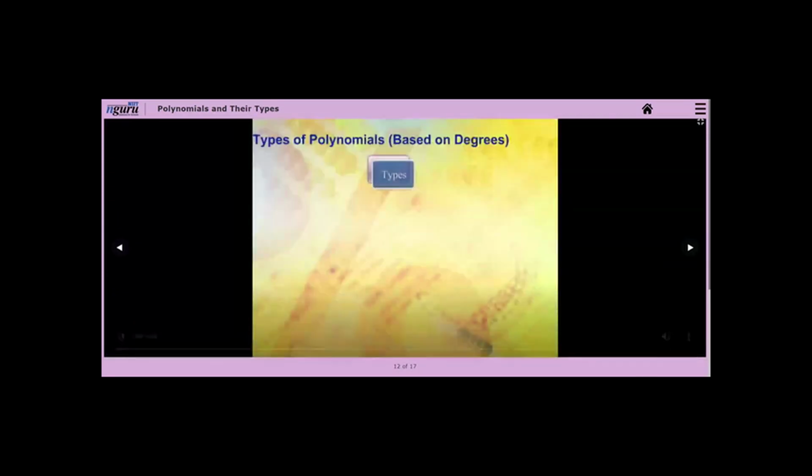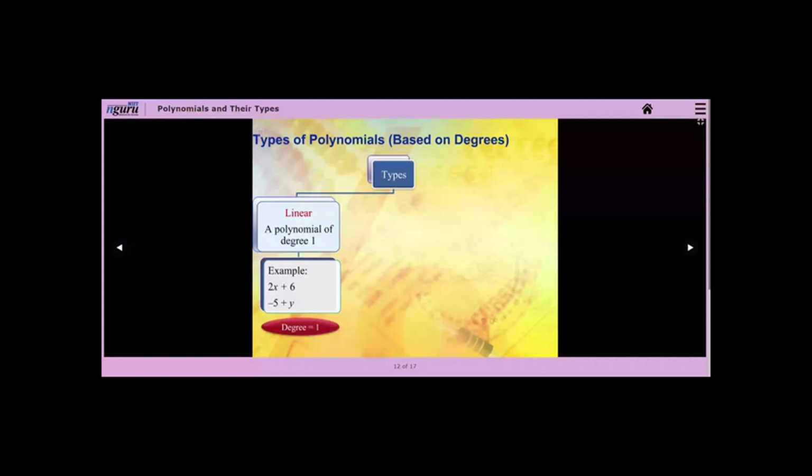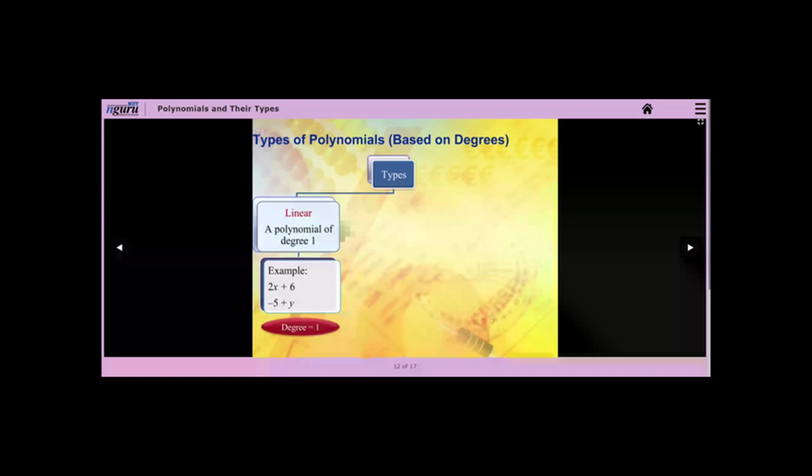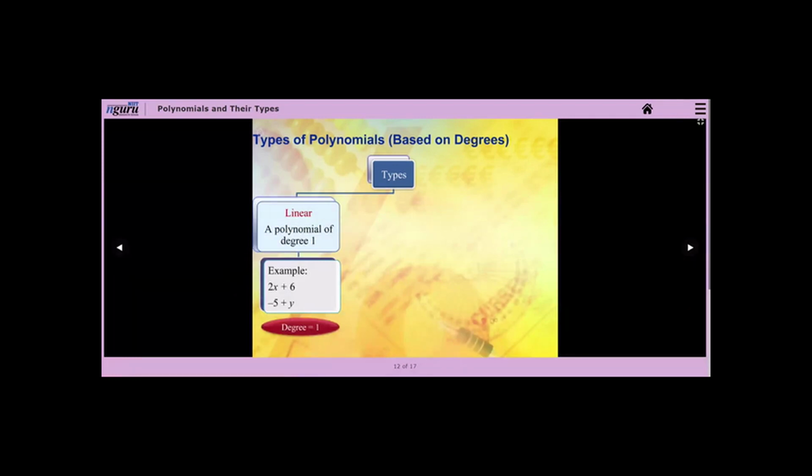Polynomials can be classified into three different types based on their degrees. A polynomial of degree 1 is called a linear polynomial. For example, the highest power of the two polynomials is 1. Therefore, the degree of these polynomials is also 1.